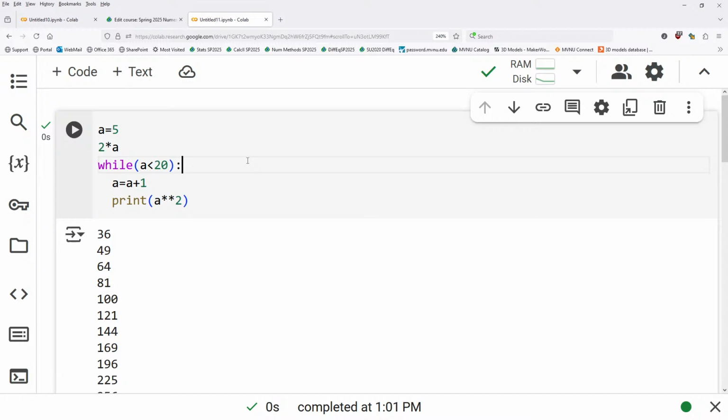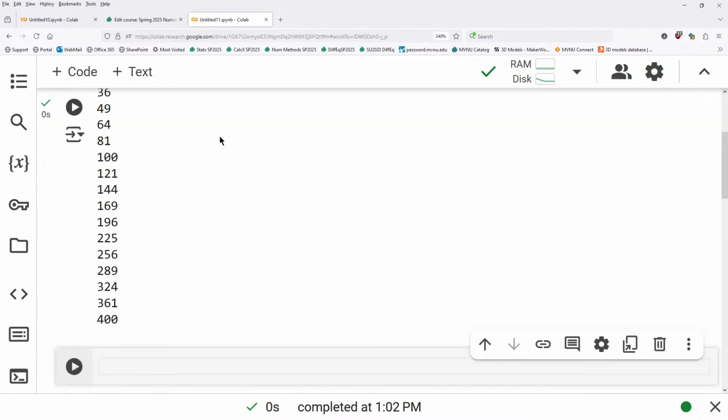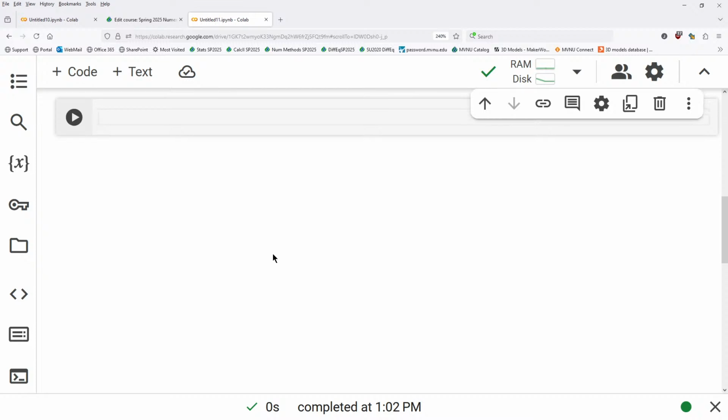A couple other things about the way this notebook works: if you want to see what happens when this code is run, you can either press play like that and it does it, or if your cursor is somewhere in there, press Control-Enter and that does it. And the last way is if you press Shift-Enter, it runs the code and moves you to a new block of code. So anyway, like I said, please do let me know if you get stuck.